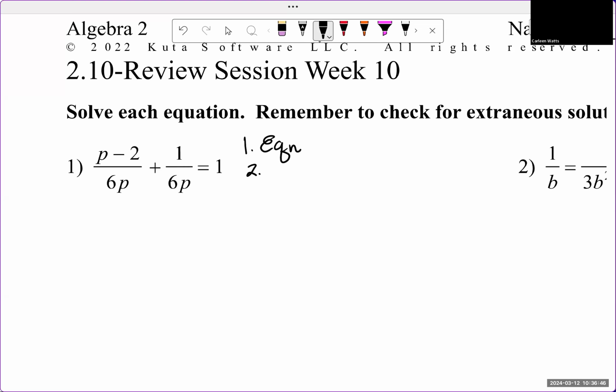Okay, now balance in the universe, right? In order to solve the equation, we're going to do things to both sides. So if we have an equation, we're going to do the same to the left as we do to the right. Equation, balance in the universe, same to the left as we do to the right.